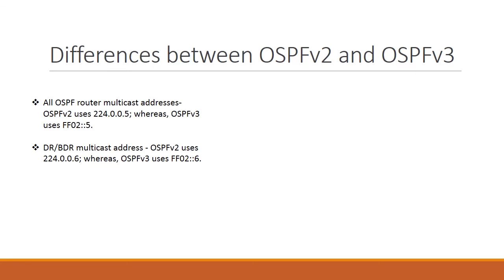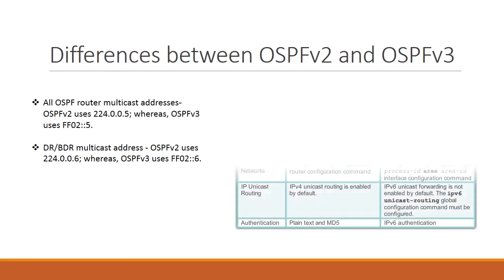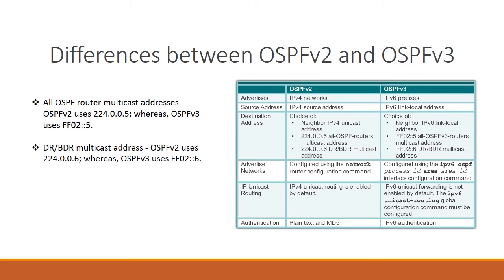Advertised networks: OSPFv2 advertises networks using the network router configuration command, while OSPFv3 uses the ipv6 ospf process ID interface command. IP unicast routing: it's enabled by default in IPv4, while the ipv6 unicast-routing global configuration command must be configured. Authentication: OSPFv2 uses either plaintext authentication or MD5 authentication. OSPFv3 uses IPv6 authentication.